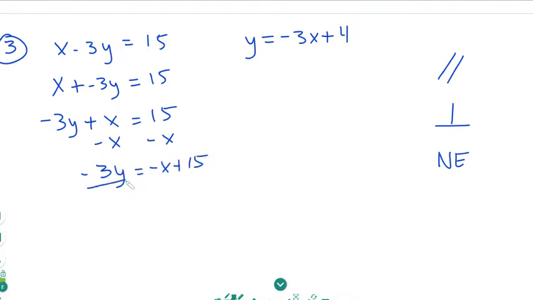And then we're going to divide by -3, divide by -3, divide by -3, which is going to give me y is equal to 1/3 x. A negative divided by a negative will give me a positive, -5. So I know that the slope of this equation is 1/3.